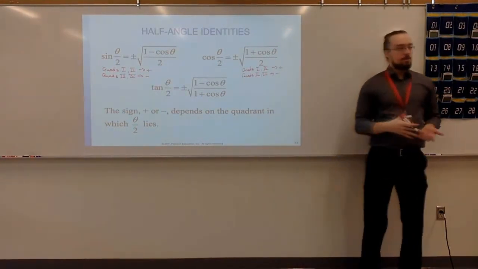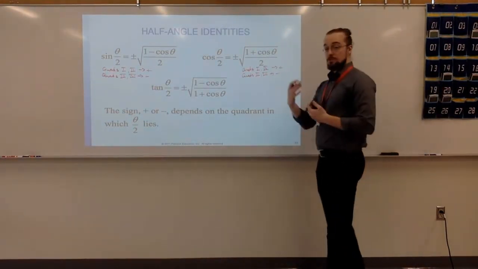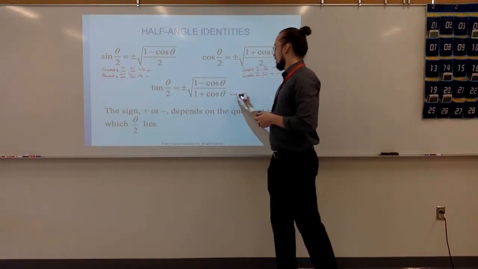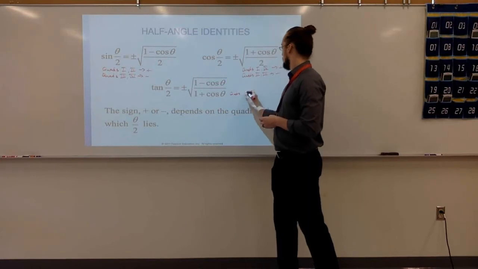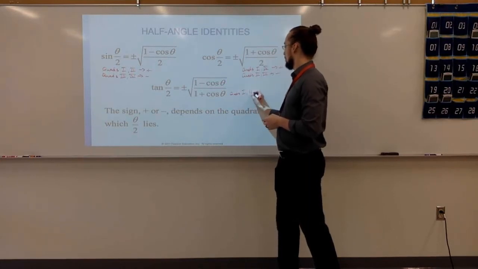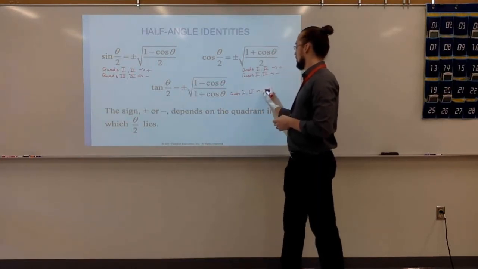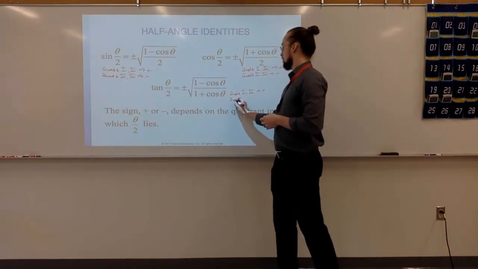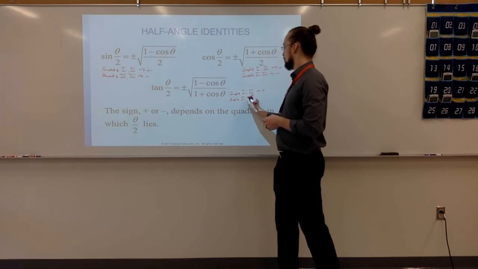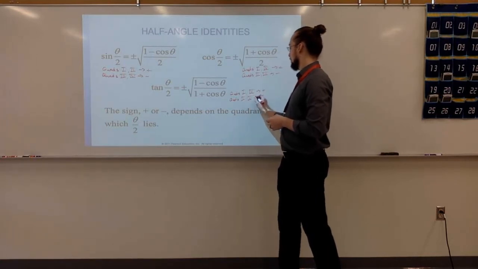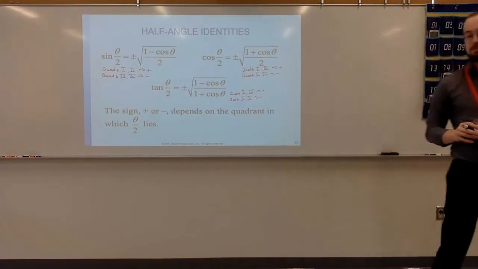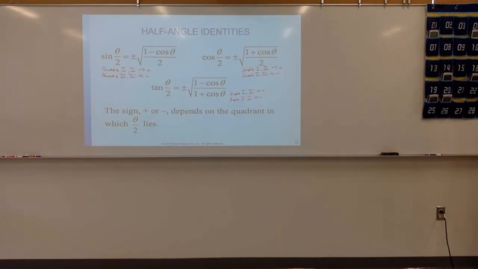Then for tangents, since tangent is sine over cosine, we've talked about quadrants 1 and 3 would be positive for tangents, and quadrants 2 and 4 would be negative. We're gonna have to memorize all of that.